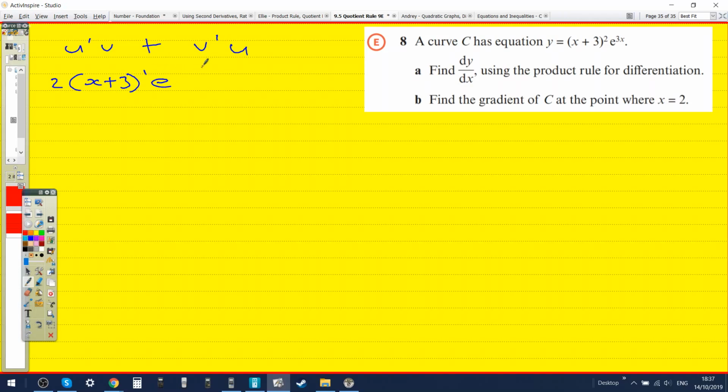Shouldn't be plus. Yes, because the derivative of 3x is 3. That's it. And you'll notice they didn't ask for you to factorize it or fully factorize or anything.